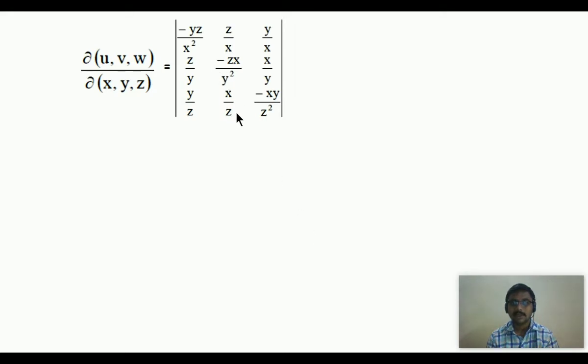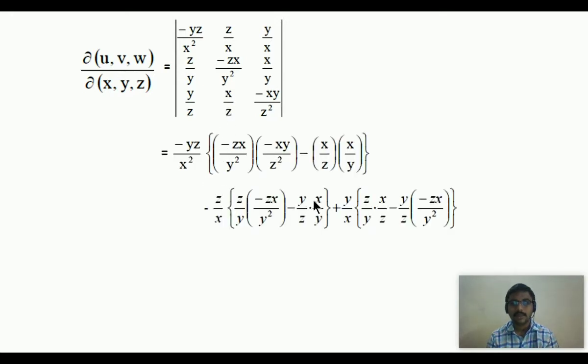These are the partial derivatives. Don't forget, while differentiating partially with respect to x, keep y, z treated as constant. While differentiating partially with respect to y, keep x, z as constant. While differentiating w with respect to z, keep x, y as constant. So these partial derivatives are computed the same as above.